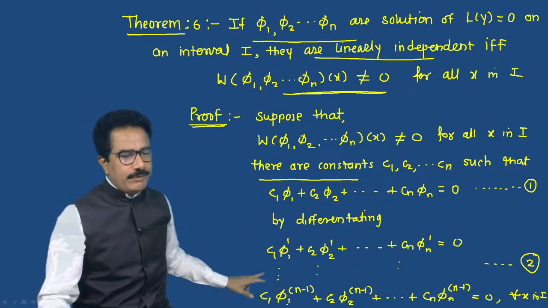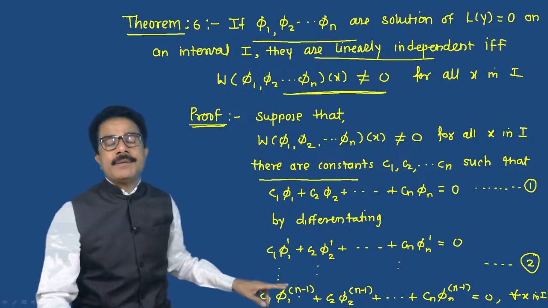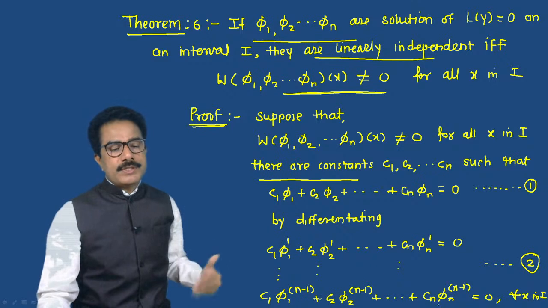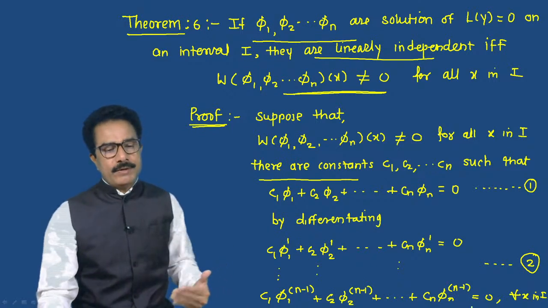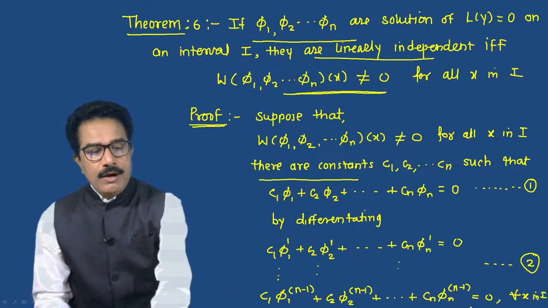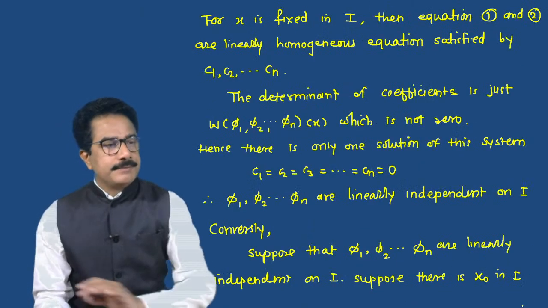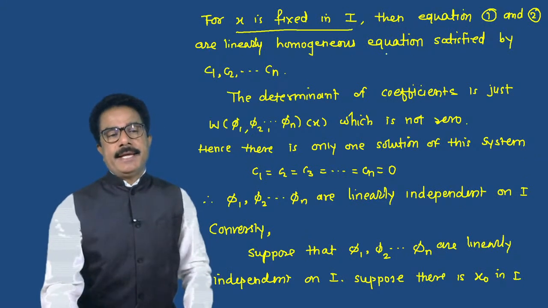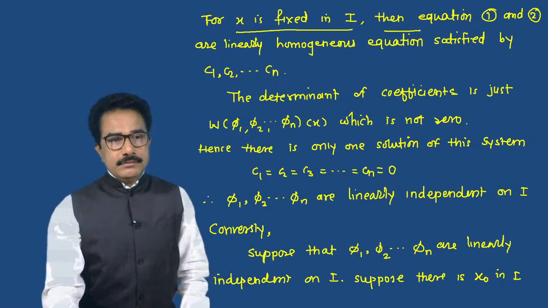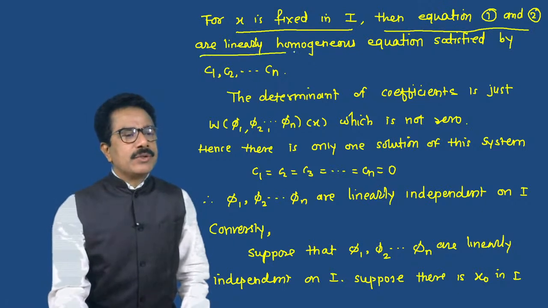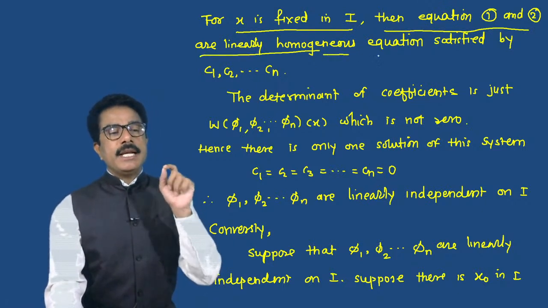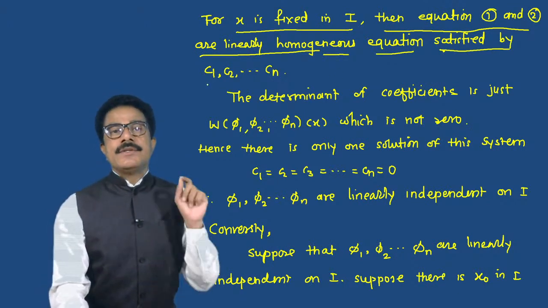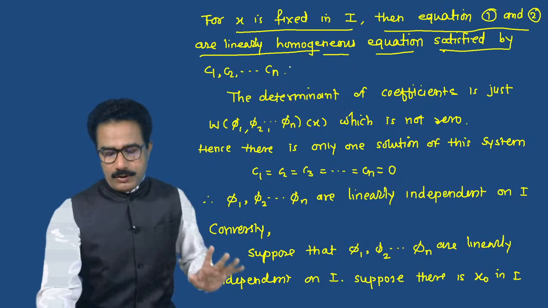So we get C1 phi 1 raised to n minus 1, meaning the n minus 1th derivative, C2 phi 2 raised to n minus 1 ... Cn phi n raised to n minus 1, which is equals to 0 for all x in I. Suppose x is fixed in I, then equations 1 and 2 are linearly homogeneous equations satisfied by C1, C2, C3 ... Cn.